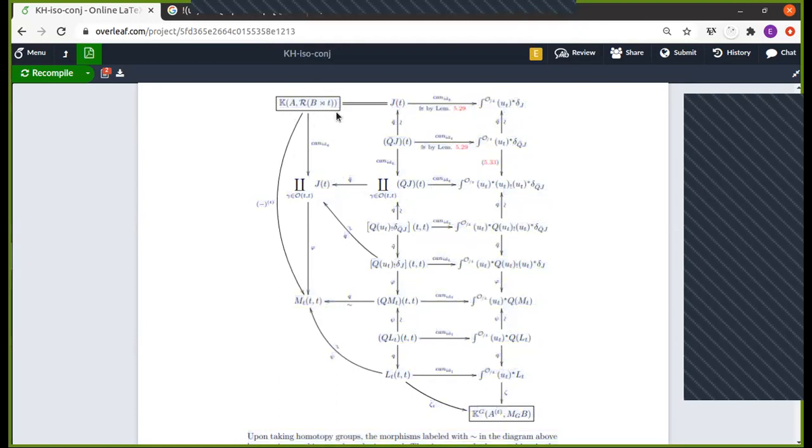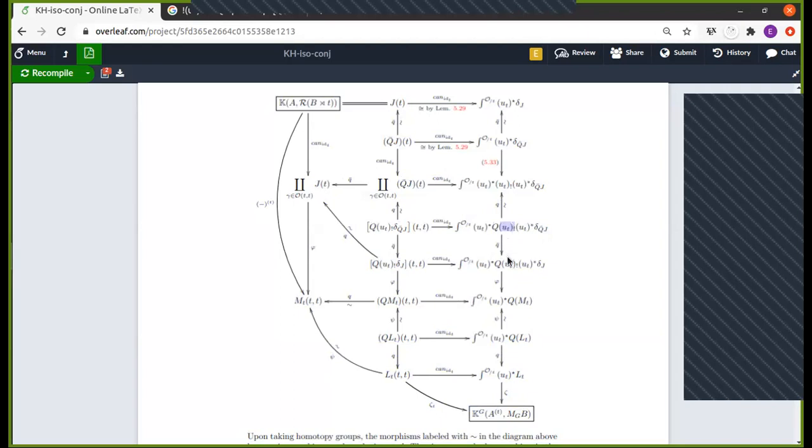In this upper left corner, what we have is J of T, and then you have to take a covariant replacement of that functor in the category of functors, and that is needed to get rid of the homotopy coend. And you have to prove also that this functor, which is the left adjoint to restricting the contravariant variable, is a left Quillen functor as well.